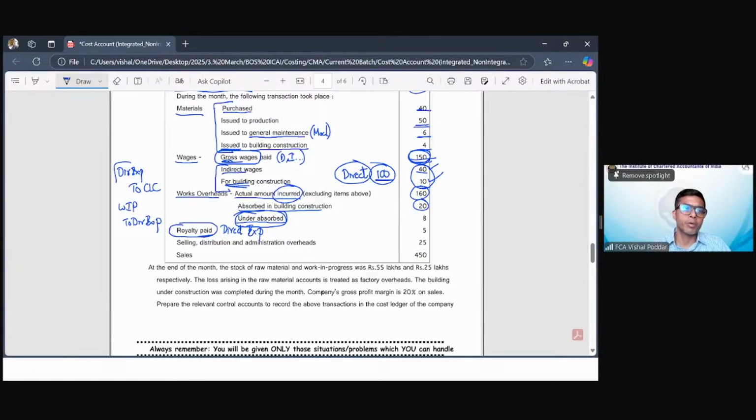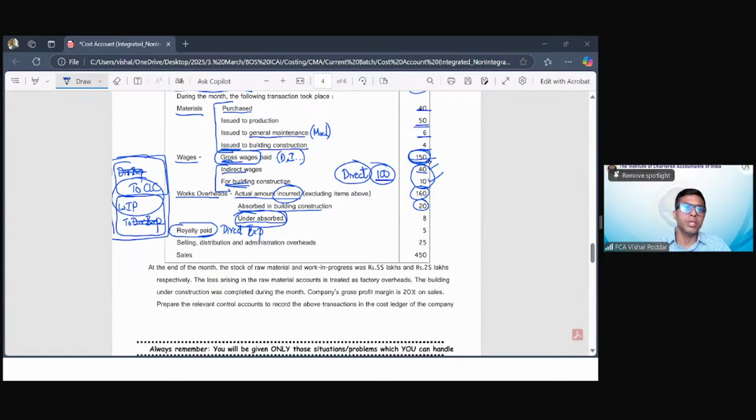So firstly, the entry for paying the direct expense, secondly, for charging this direct expense. Now, since I'm not preparing a direct expense account, the reason is simple: it is hardly given in one of the sums, so we do not open a separate account. But then how will I do posting here? I'll simply combine both these entries. If I combine both, my direct expense debit and direct expense credit will get knocked off, and the entry which is left is this.